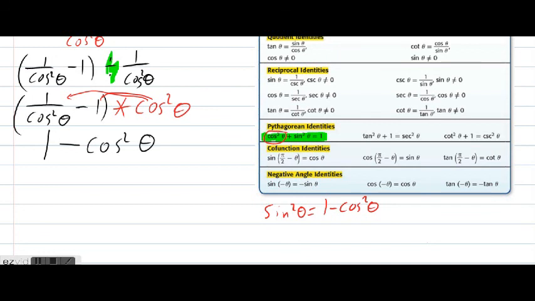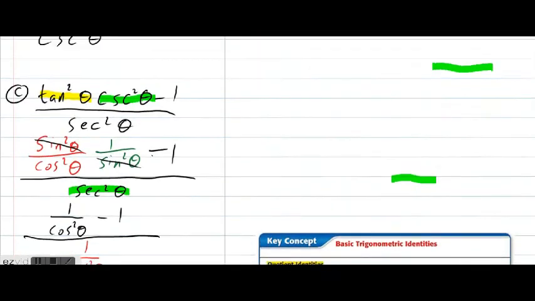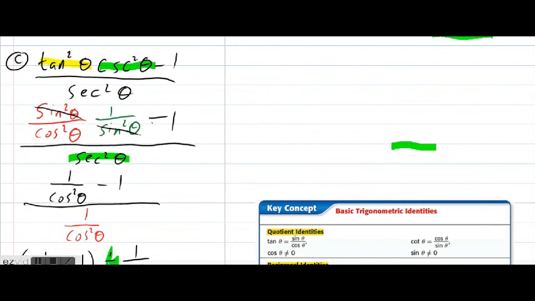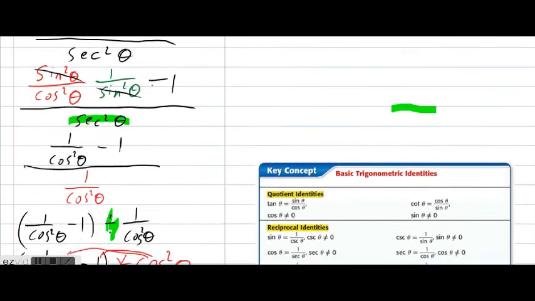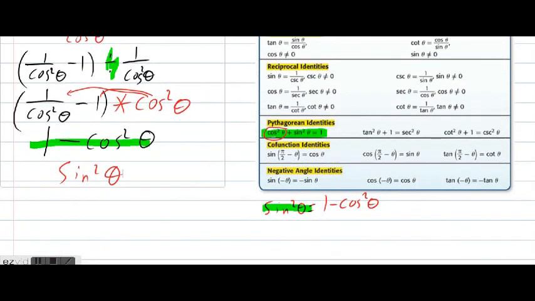So all of this is just equal to sine squared of theta. And we're done. We've taken this really ugly problem, and forgive all the highlighting, down to a simple sine squared of theta.